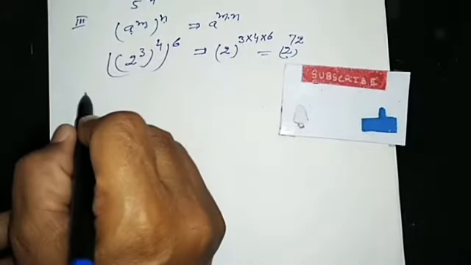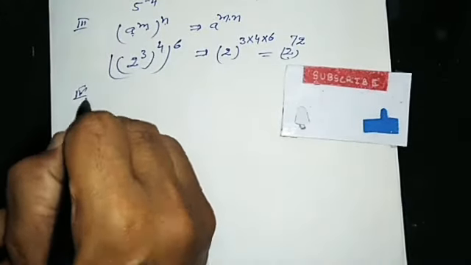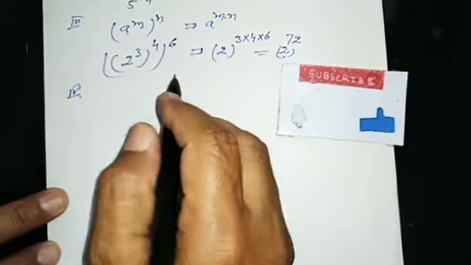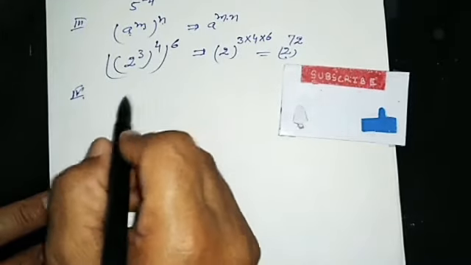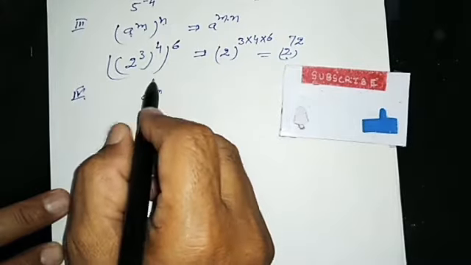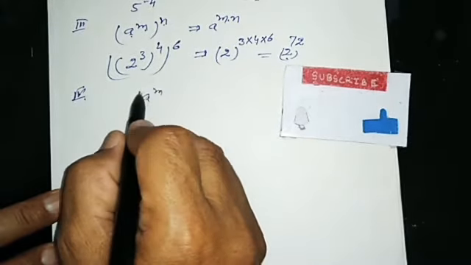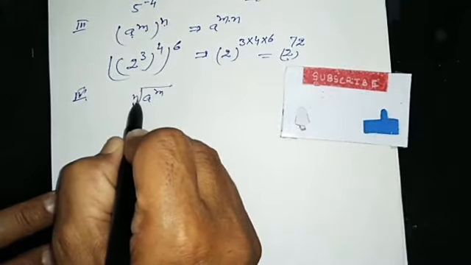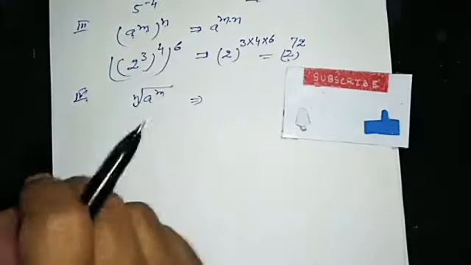The fourth operation we can take in the form where we have some indices like that. What is this?